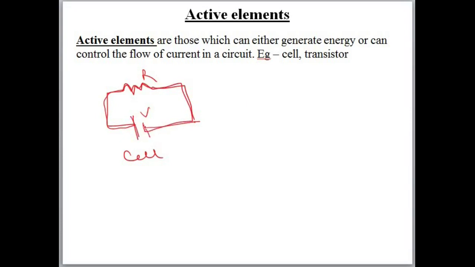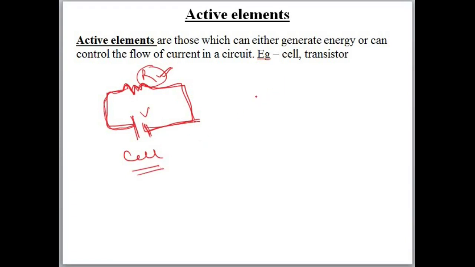A cell will generate some amount of current in the circuit. How much current depends on the resistance, inductance or capacitance in the circuit. But this cell will always generate some charge carriers, some electrons, and that will allow some current to flow in the circuit. So a cell is an active element.